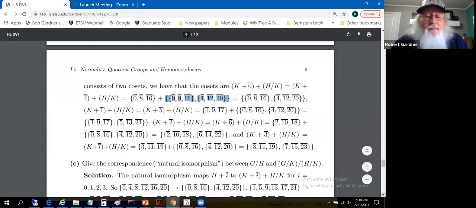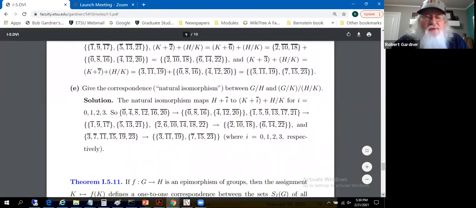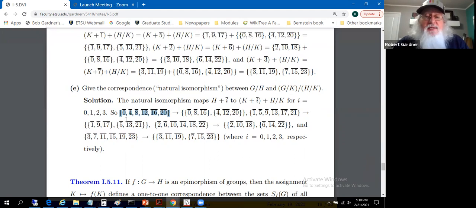And let's look at the mapping, skipping the arithmetic. And the mapping is a little more cathartic. So the mapping, F bar, I think it was a natural isomorphism between these groups, produces something like this. G mod H, the elements would be cosets of H. This is H itself. I know I got some confidence in that because it contains 0 bar, the only one that contains the identity. That gets mapped under this natural isomorphism to this set. Well, hey, look, the things we got over here are the same things we have over here.